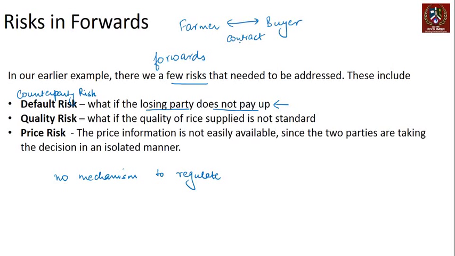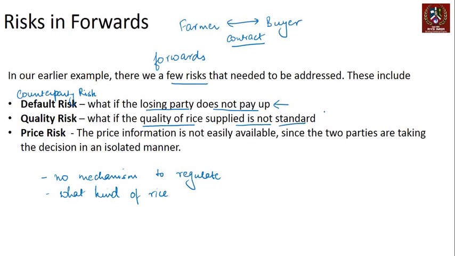The second part was there was a contract to buy rice, but what kind of rice is not known. Is the quality standard? Is the quality at a particular metric? Above it, below it, we don't know. So what if the quality of rice supplied is not standard?